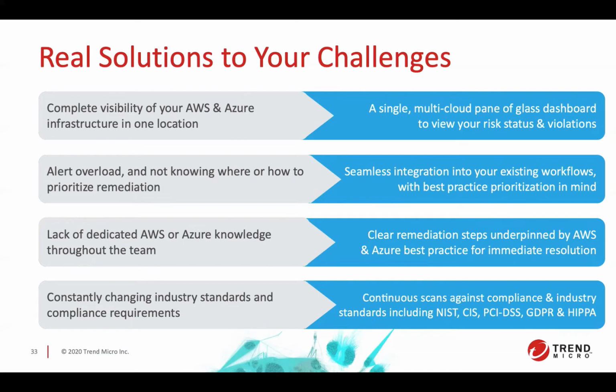If I'm looking at a solution for security and compliance in that environment, the key areas at the forefront for customers are, how am I supposed to have visibility into my entire AWS infrastructure from one single location? What if we have multiple AWS accounts, as an example, or Azure accounts?